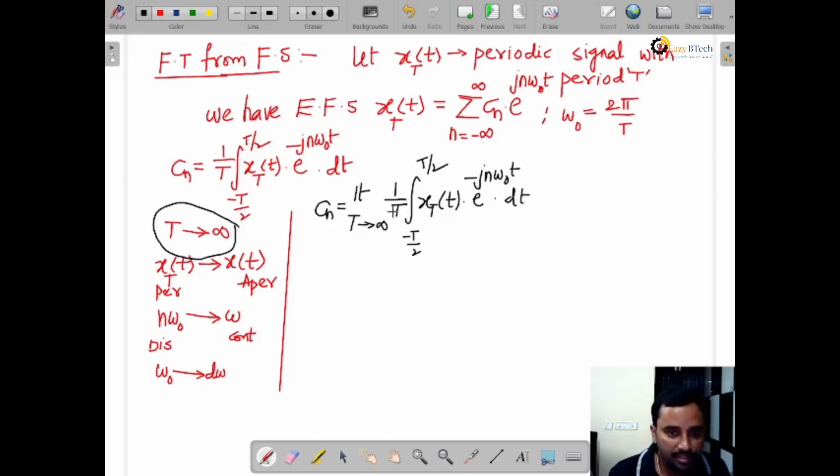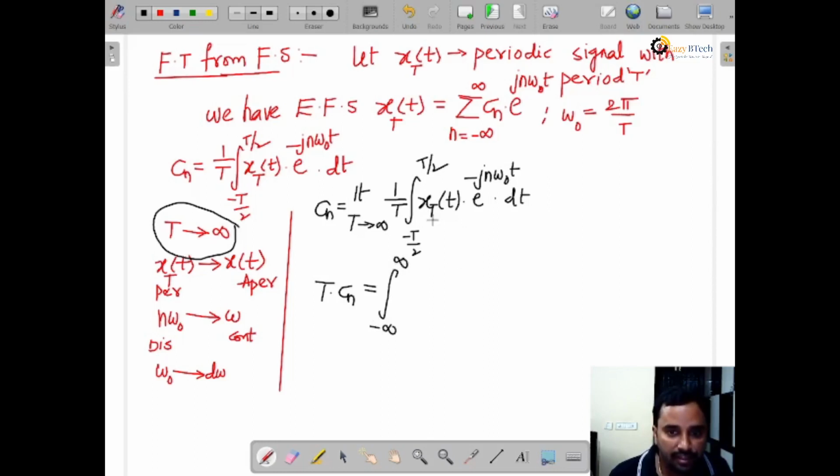So let's apply this T tends to infinity. I am bringing this capital T to the left side, then T into Cn is equal to, take the limit T tends to infinity, then the integration limits are minus infinity to plus infinity, right?